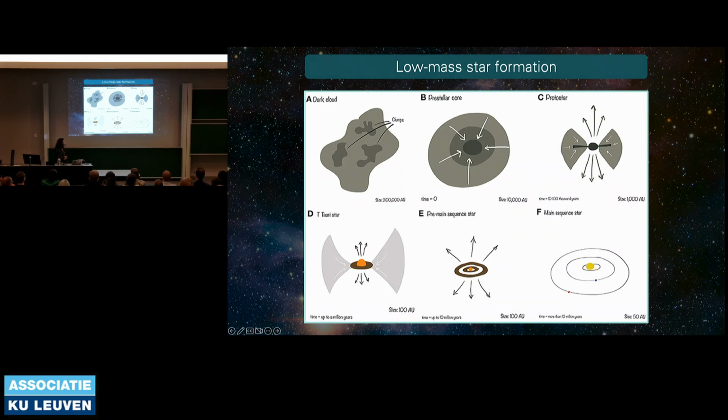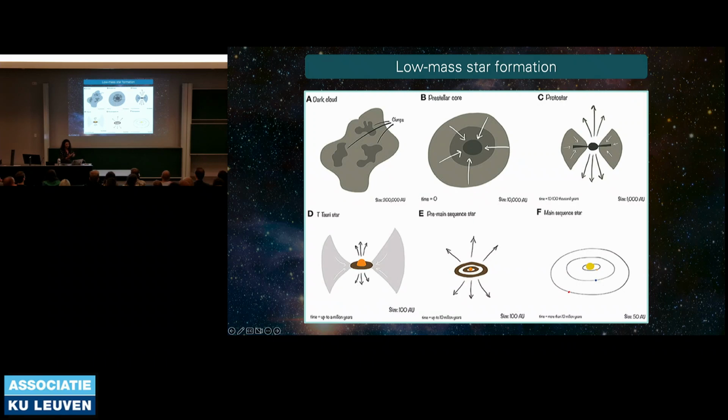In order to preserve the angular momentum, all the material that is infalling will also flatten into a circumstellar disk. And then you will have a central hot core, but the material around the hot core will still be accreted onto the central star through gravity.